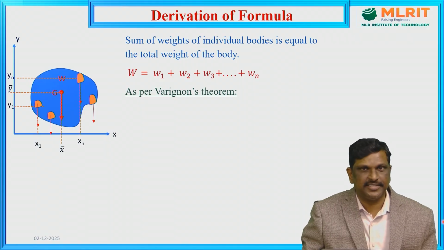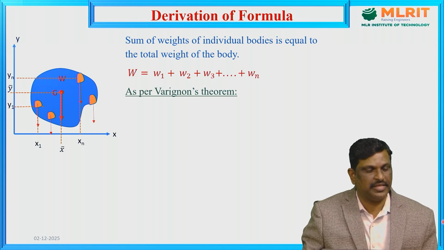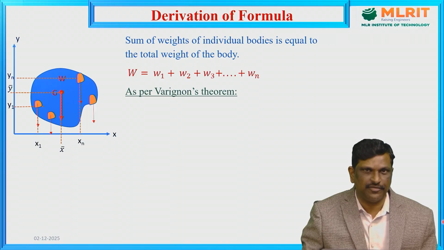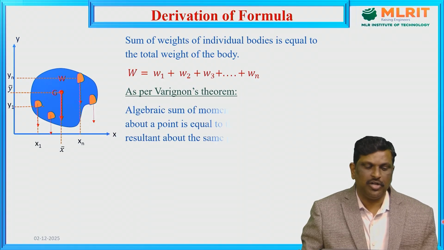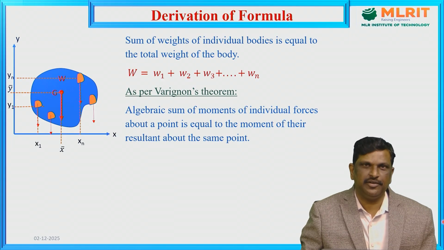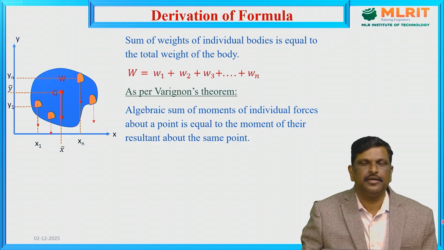Therefore all the weights are parallel to one another, and W1, W2, W3 are individual forces, and the resultant of all the forces is the capital W. Now if you apply Varignon's theorem to these forces, the algebraic sum of the moments of individual forces about a point is equal to the moment of their resultant about the same point. Here the individual forces are W1, W2 to Wn, and the resultant of all these forces is capital W.